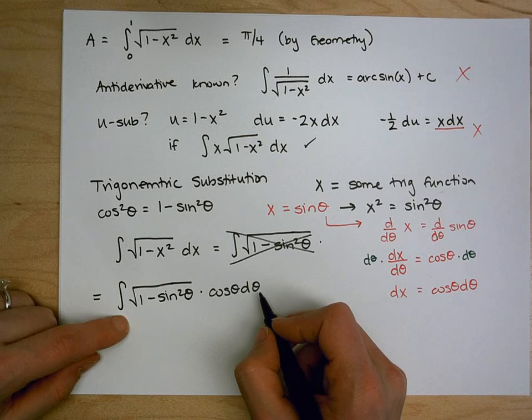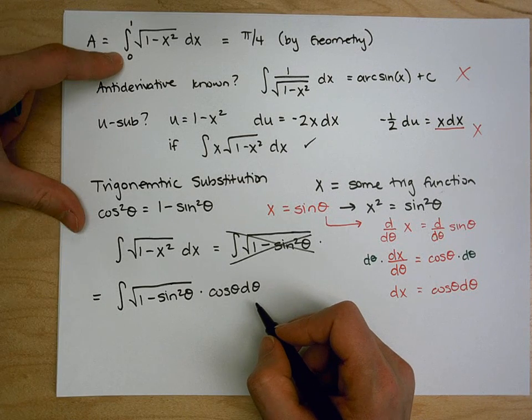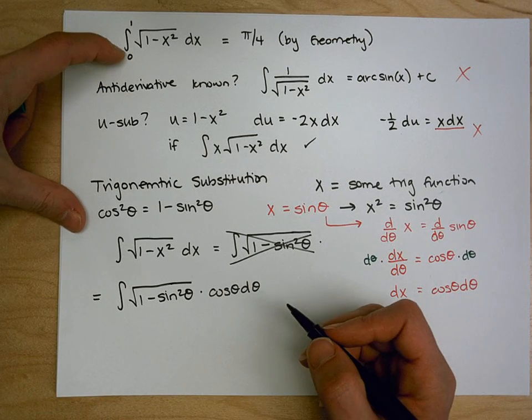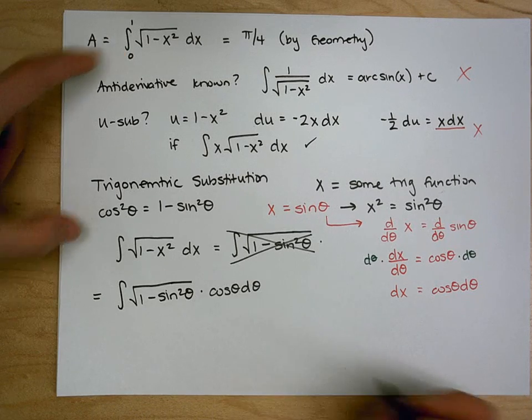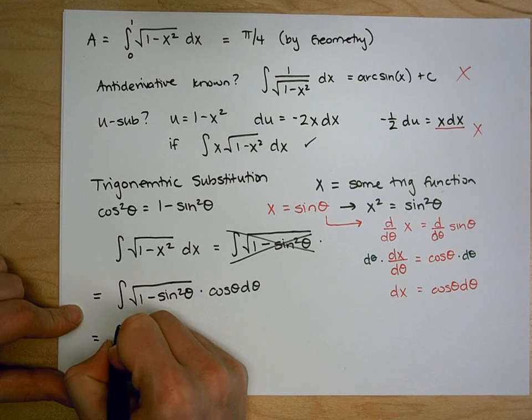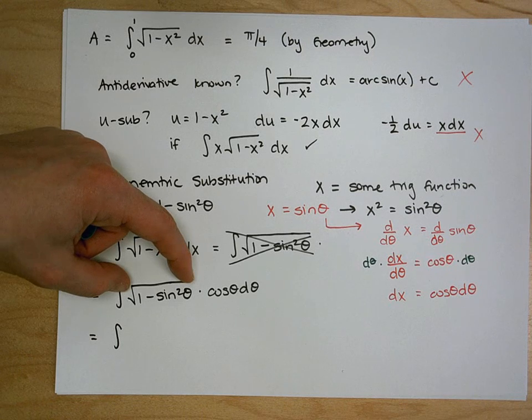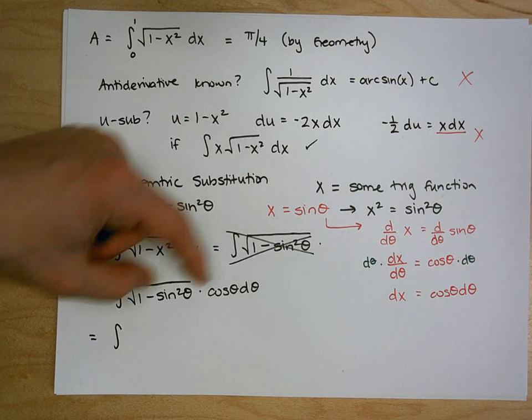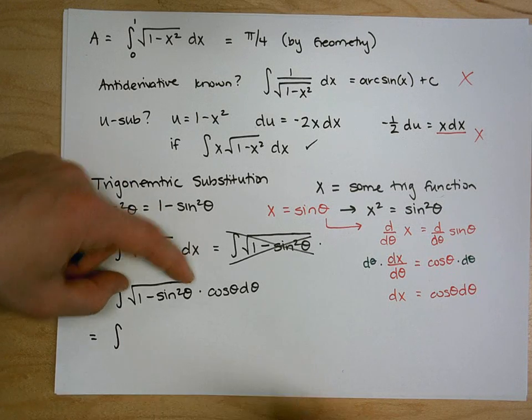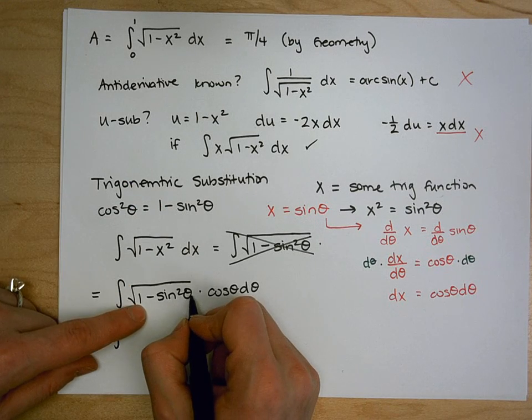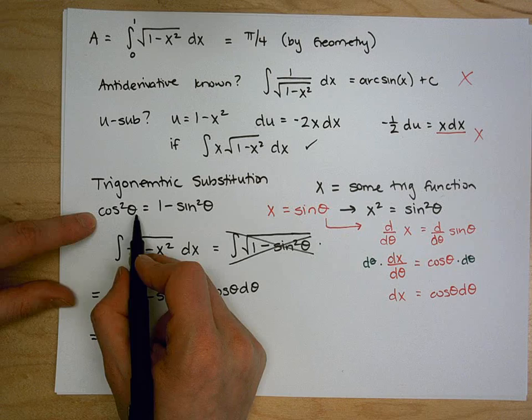Now, this doesn't necessarily look that much better than what we started out with, but it does involve things that we're more familiar with integrating. So to make it even more so, I'm going to use a trig identity. I haven't really used any trig identities yet. All I've done is set x equal to sine theta. I know that 1 minus sine squared theta is equal to cosine squared theta.